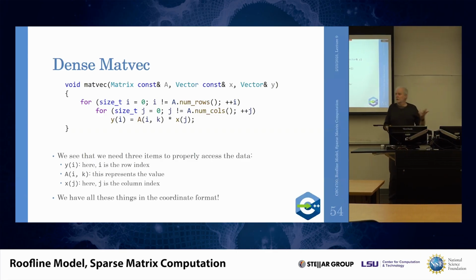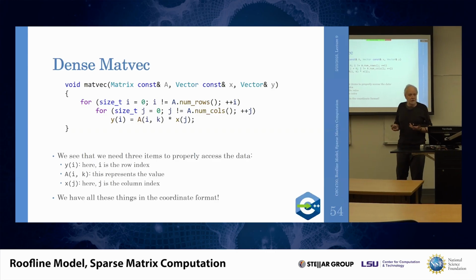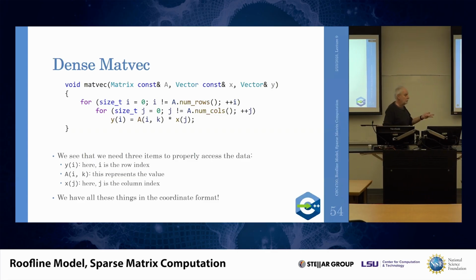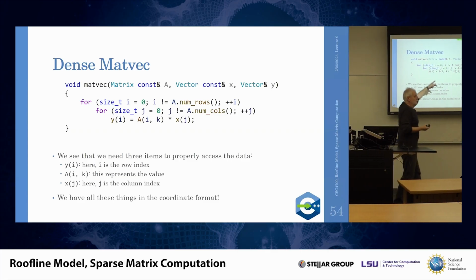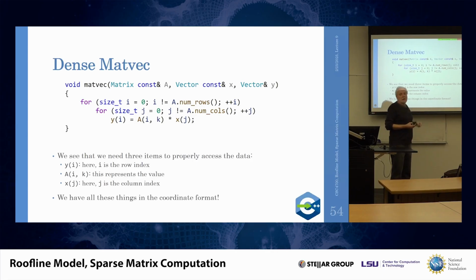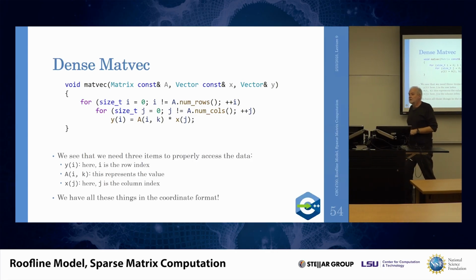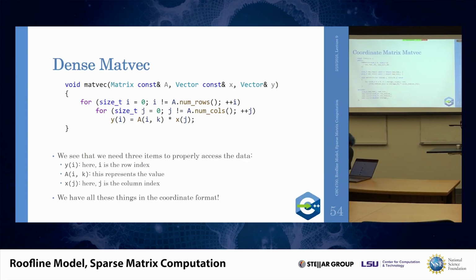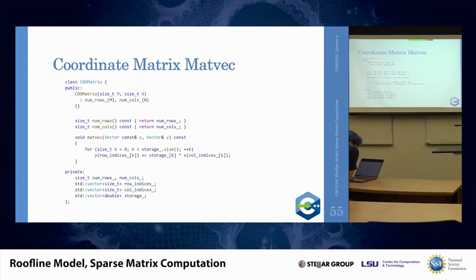But we have these three things available in our coordinate format. We know the row index, we have the column index, and we have the value. So these three things are available to us. They are just not available in that very nice way as we can do it with a dense matrix. So let's have a look at what we can do.